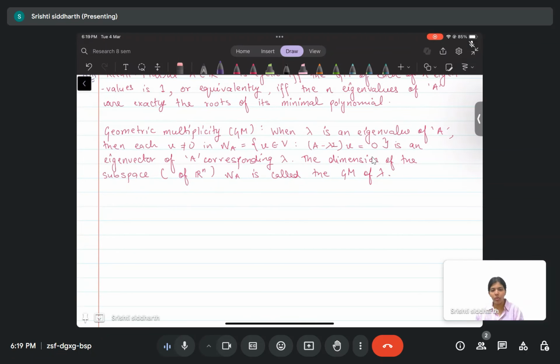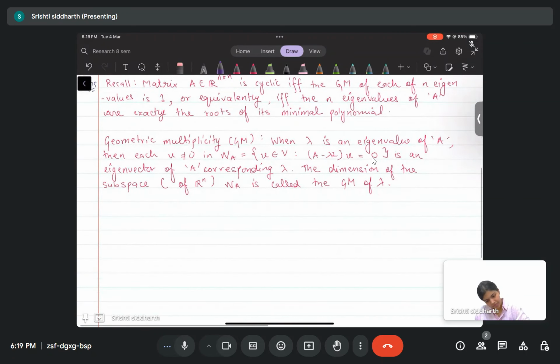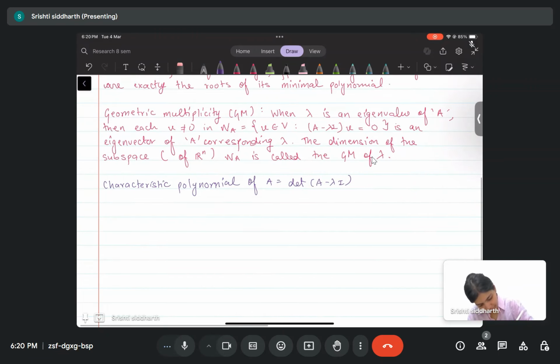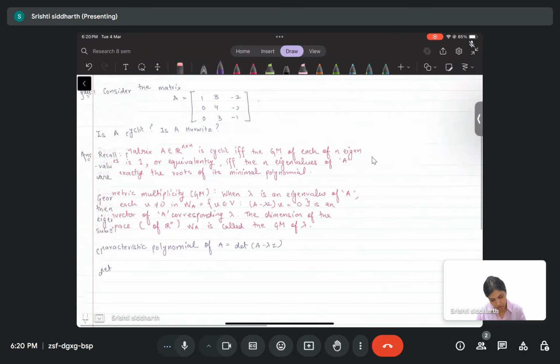Let's first find out the characteristic polynomial for the matrix A. Let's see the matrix once more.